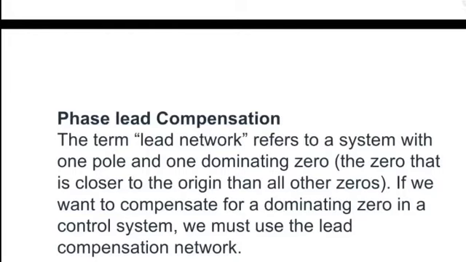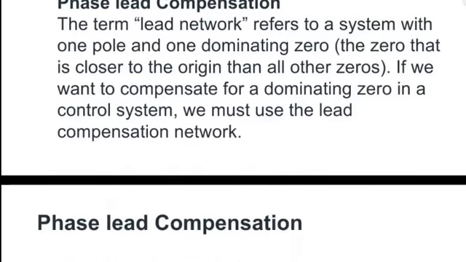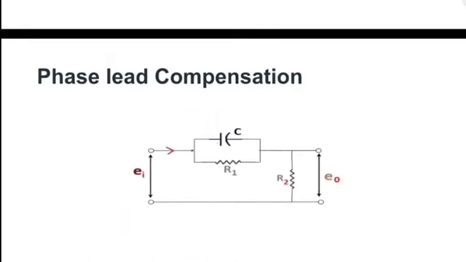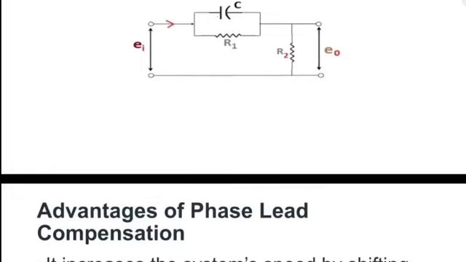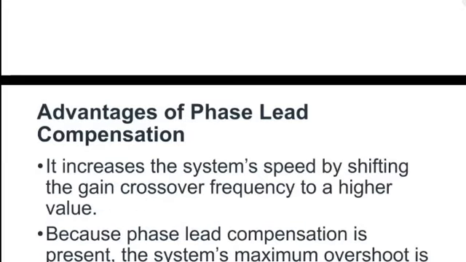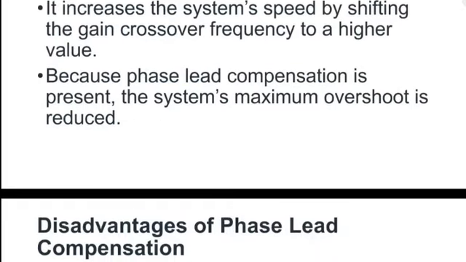Now the advantages of the lead: it increases the system speed by shifting the gain crossover frequency to a higher value. Because phase lead compensation is present, the system's maximum overshoot is reduced. The main disadvantage of the phase lead compensation is that the steady state error is not improved.